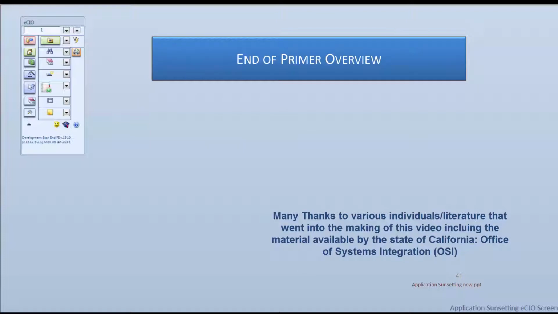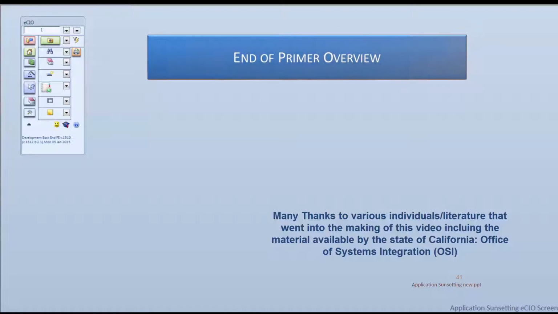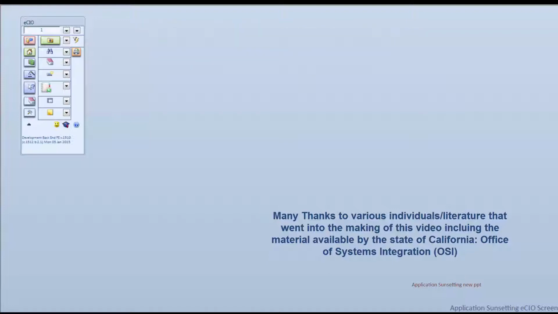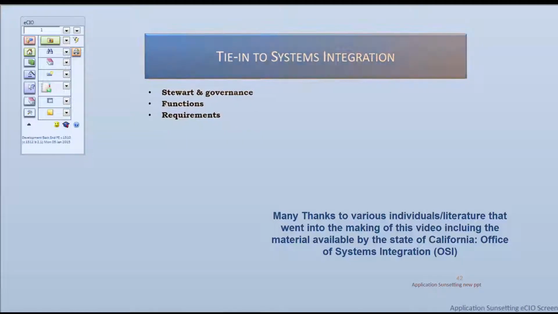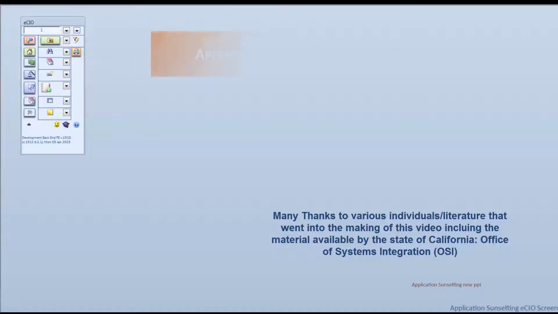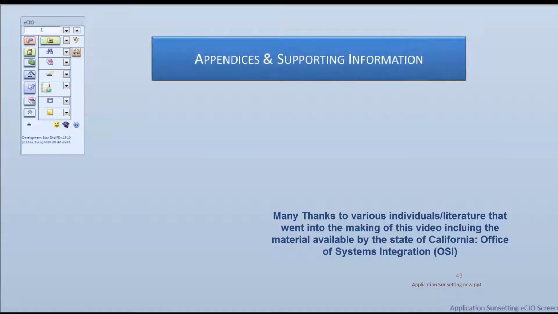There's been lots of material in terms of going in, supplementing it, putting this stuff together. Going to just talk a little bit about some of the systems integration efforts and some of the documentation. There's requirements, functions we talked about, stewardship and governance, and how that all gets put into place, and there is a governance model within ECIO.